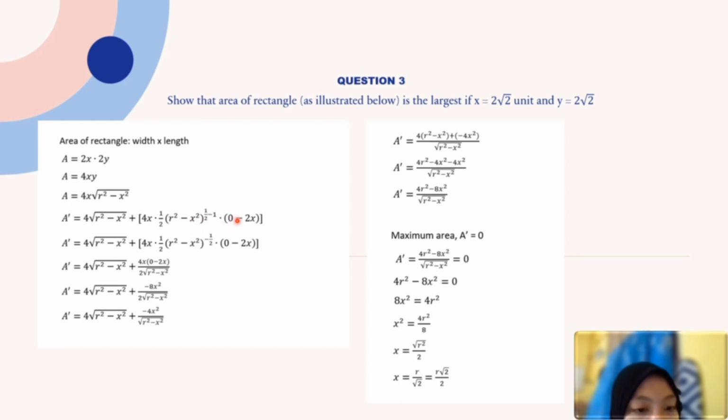So you will get 0 minus 2x, and then you solve the equation until you get the final and the simplest answer.